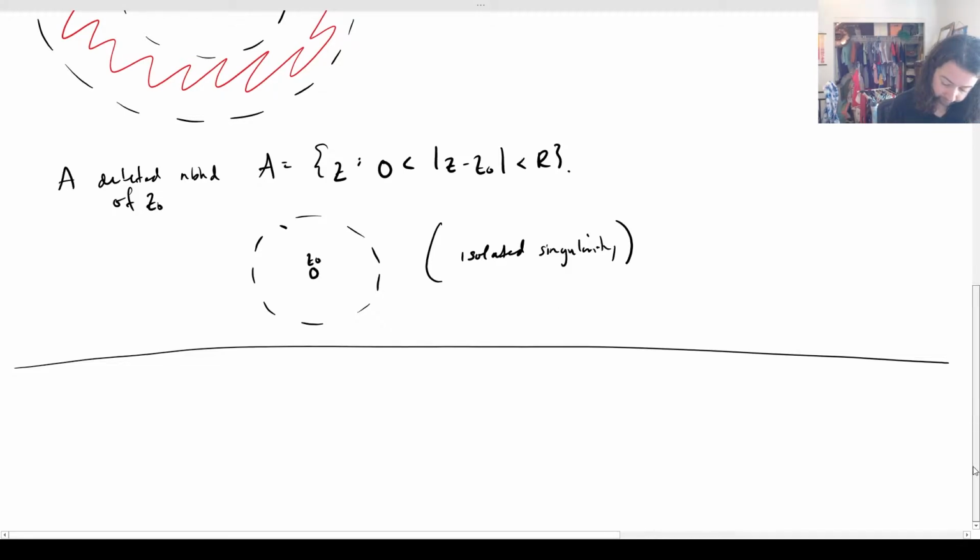Okay. So here's the theorem, which is called Laurent's theorem.